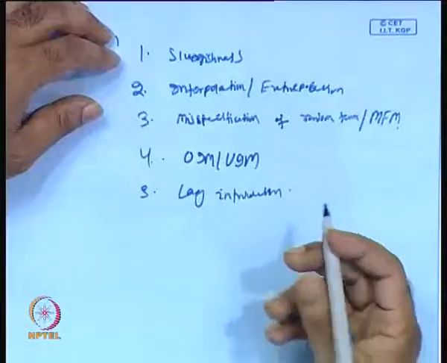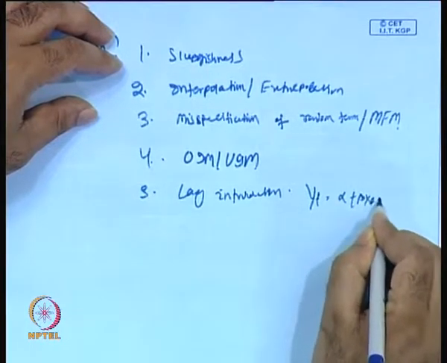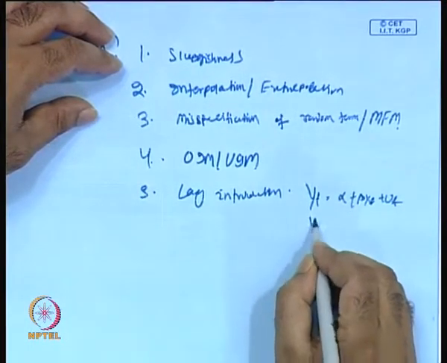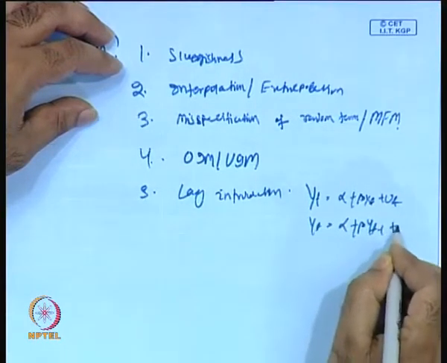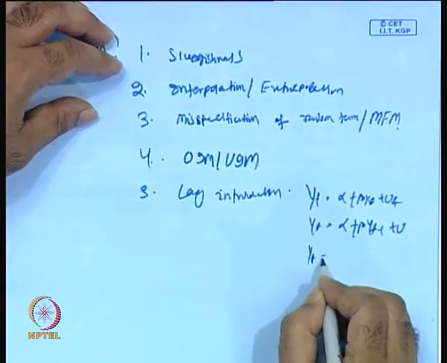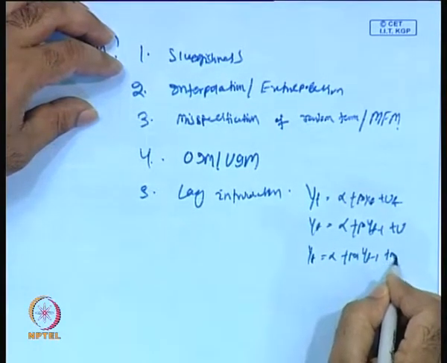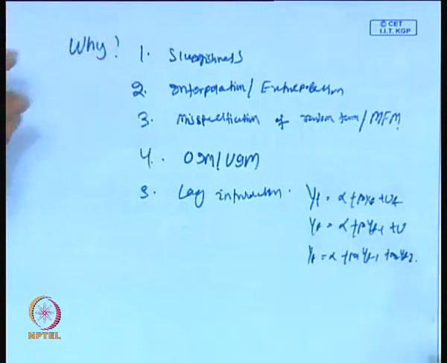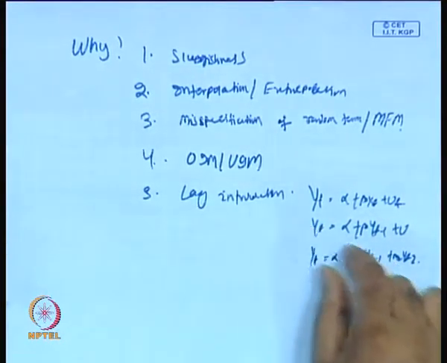Lag introduction means, instead of taking yt equal to alpha plus beta xt plus ut, I can take yt equal to alpha plus beta yt minus 1 plus ut, or yt equal to alpha plus beta 1 yt minus 1 plus beta 2 yt minus 2 plus ut. This is how I can extend it. If I follow this structure, it is called lag introduction.